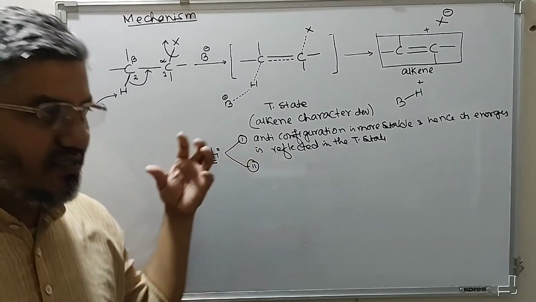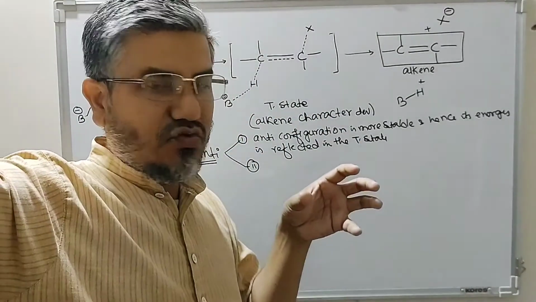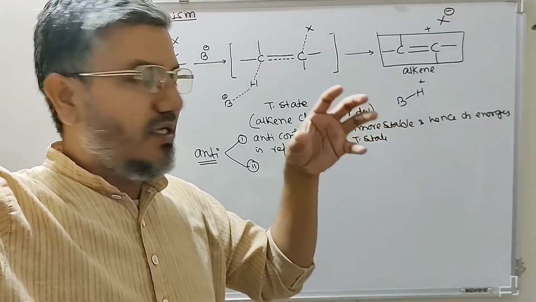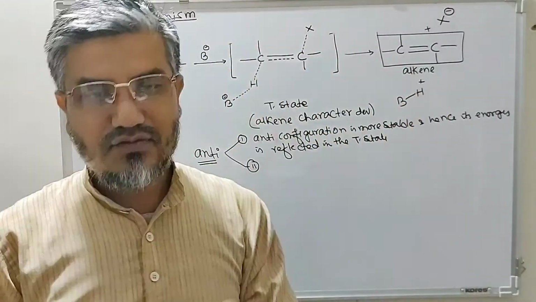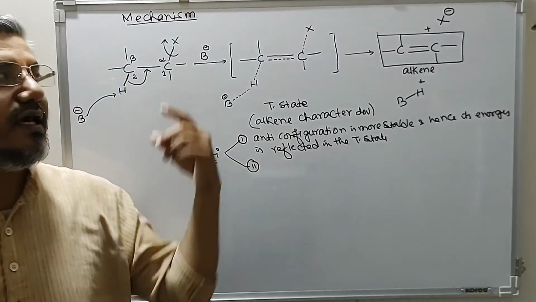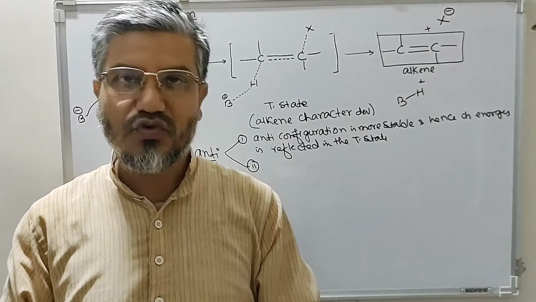If they are at a distance of 180 degrees, there is no chance for electron repulsion. So this is one of the requirements why approaching base and the leaving group should be trans or anti to each other.